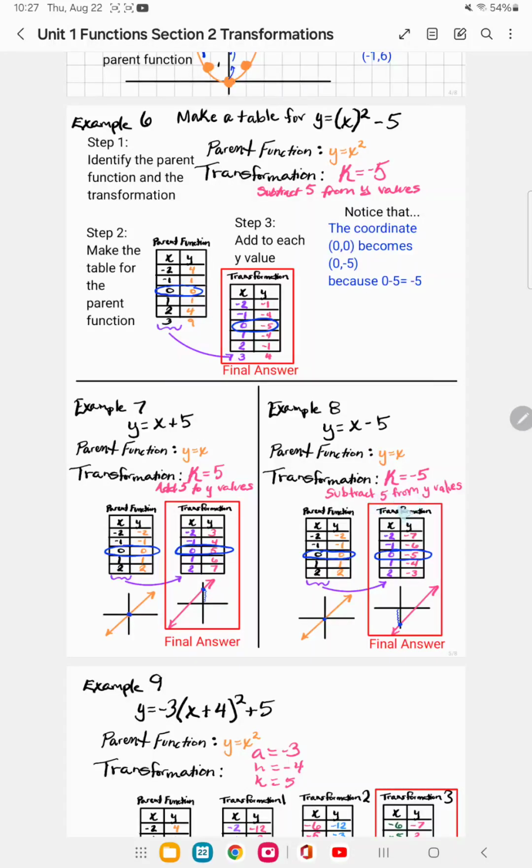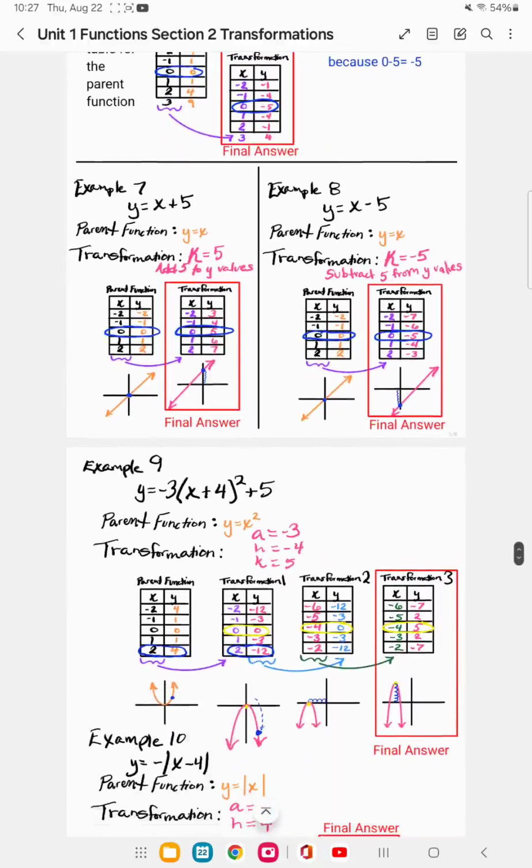For the subtraction, it's the same concept. You take your y-intercept and move it down 5 spaces. So that's what's happening here, and you can recognize the different transformations of a linear function.